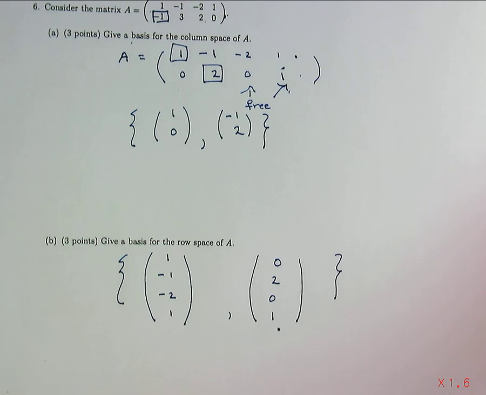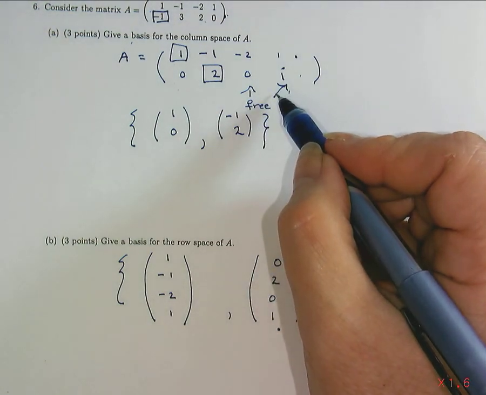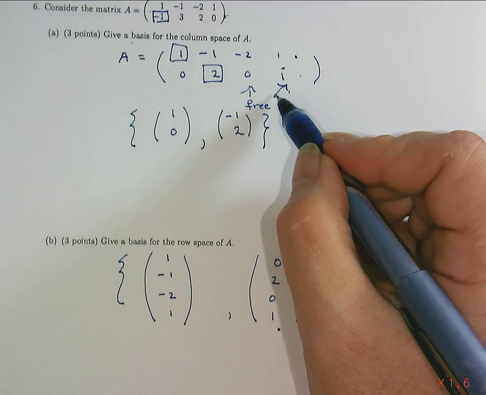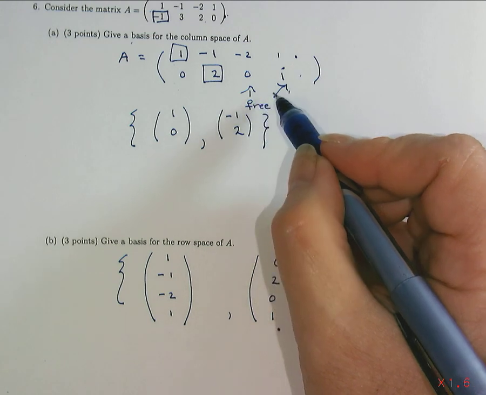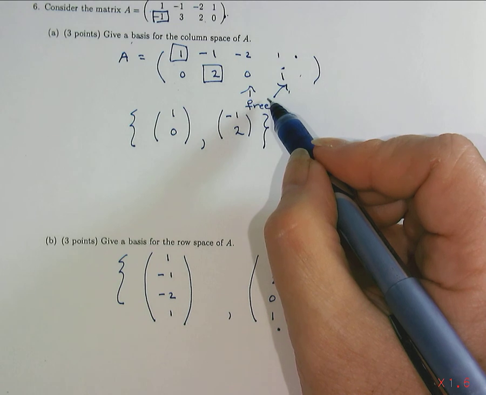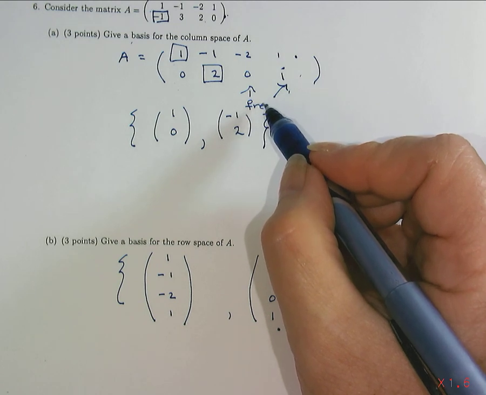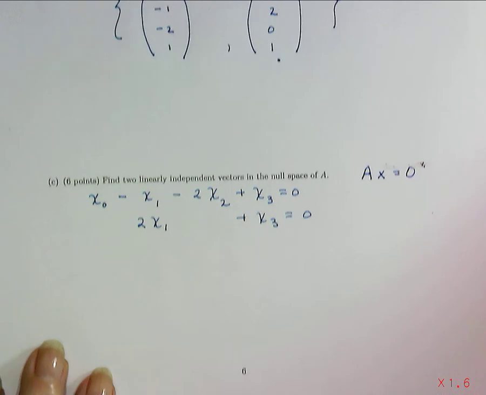Now, if we want to find linearly independent vectors in the null space, what we do is pick some convenient values for the free variables. And so typically we pick one of the values to be 0 and the other value to be 1, and switch it because those are convenient values in order to find independent solutions to the equation AX is equal to 0. So let's get to it.